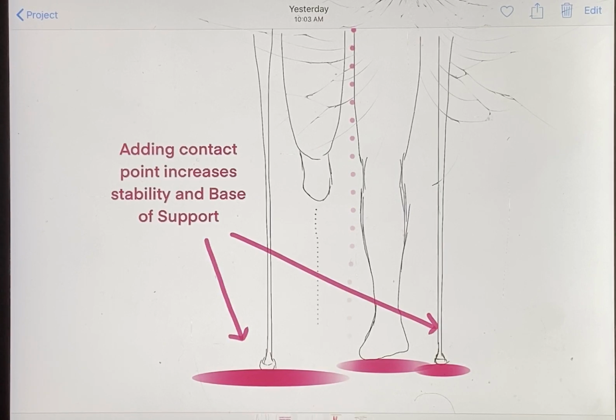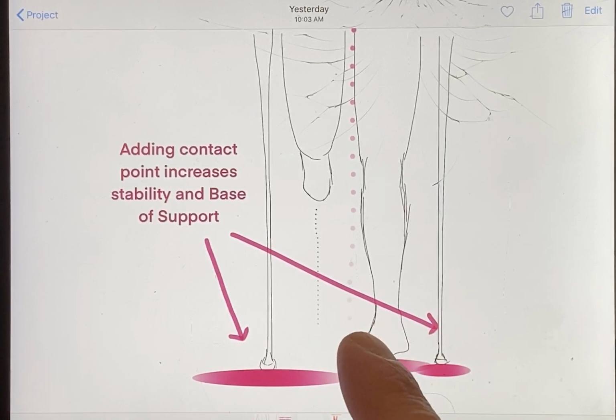So by default, your base of support is compromised. You can't move around the world efficiently hopping on one leg. It's really difficult. If you don't want to use a wheelchair, that also makes getting around quite difficult. So another option, which is more practical, is using crutches, which is basically a substitute for the base of support that you've lost.